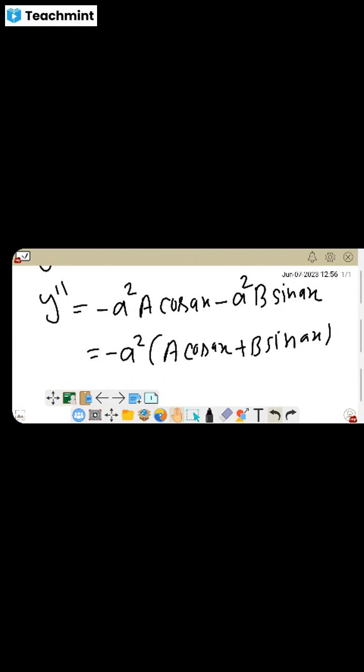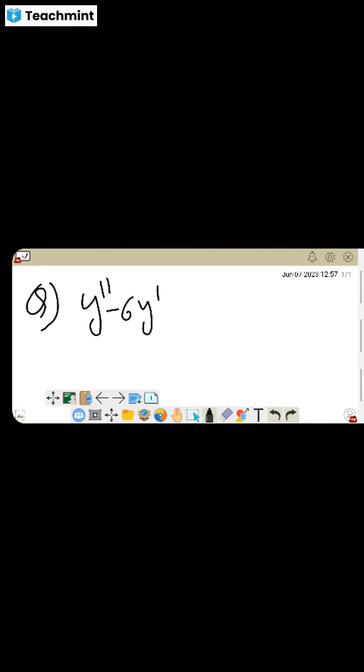Actually, I'm using the same left side so that we can use the CF as previous. You know how to find CF.